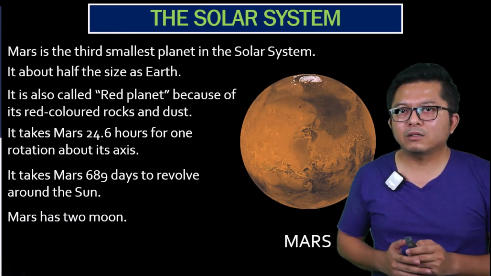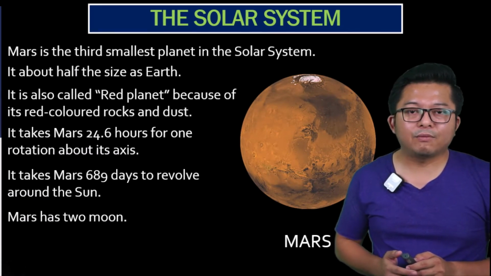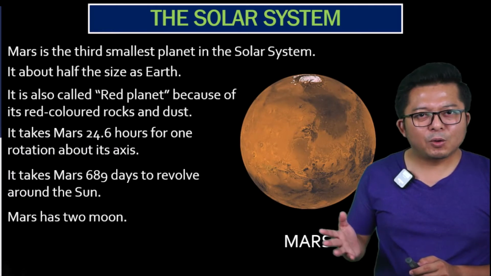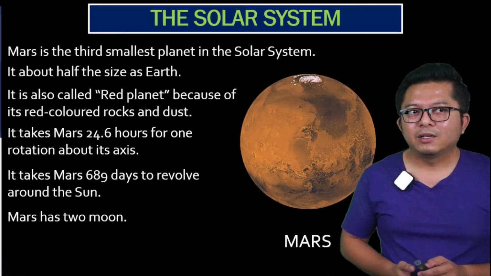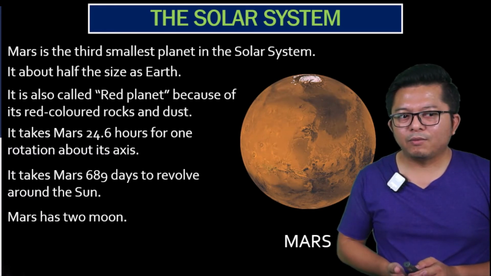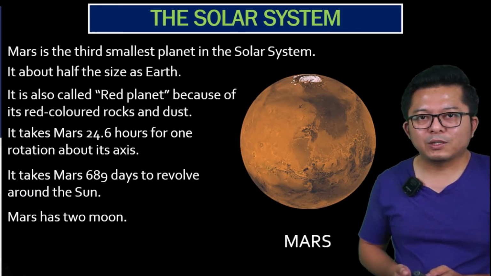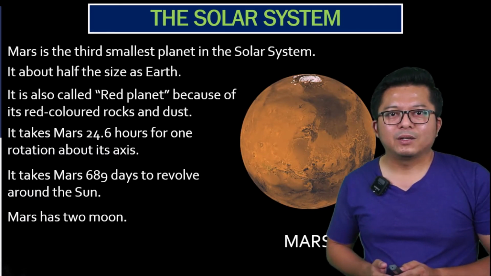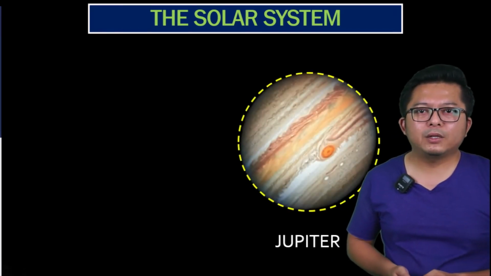There are lots of pictures about Mars. They sent some kind of robot to Mars and took pictures there. So you can take a look at those pictures. I don't remember the name of the robot that they sent to Mars, but there are pictures on Mars.